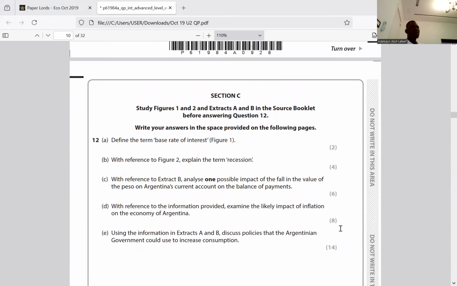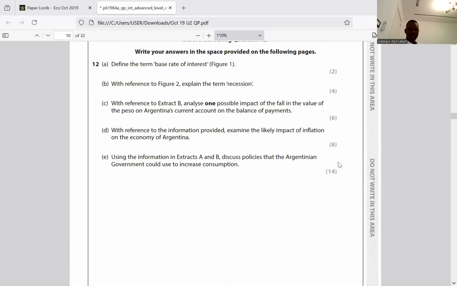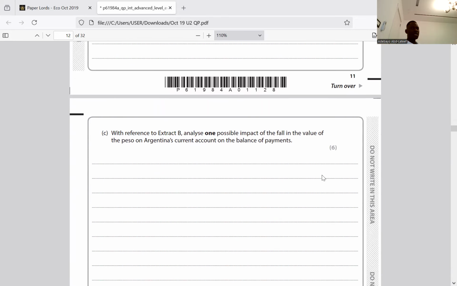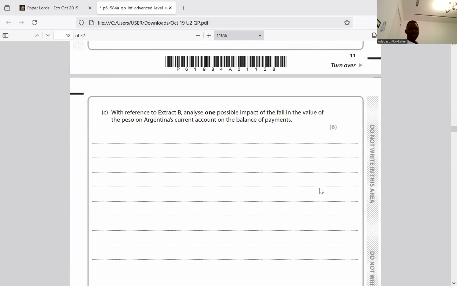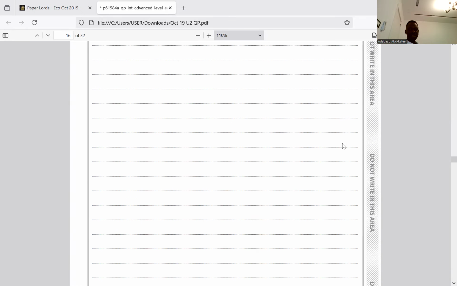It's just for you to think about what you know, and the rest you have to think more. But with this one, you already know what you want to talk about, so you have that time, and it gives you more time to think about the others. Plus, it's the section with the most marks. So we'll go to question 13.